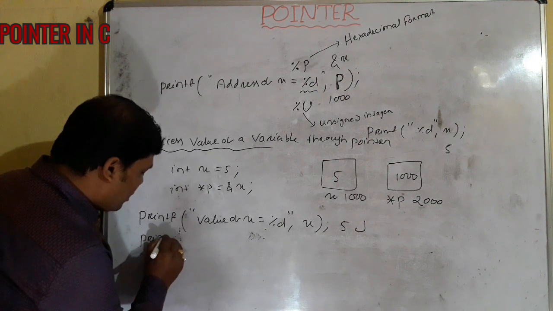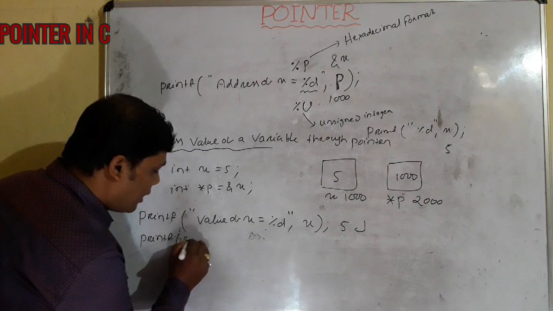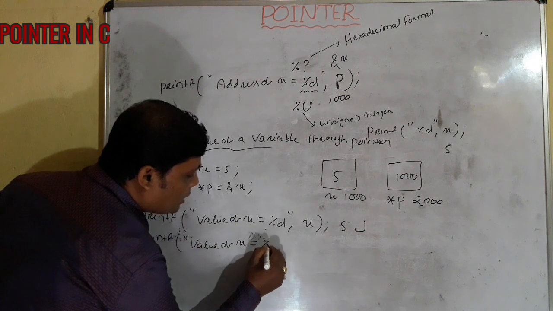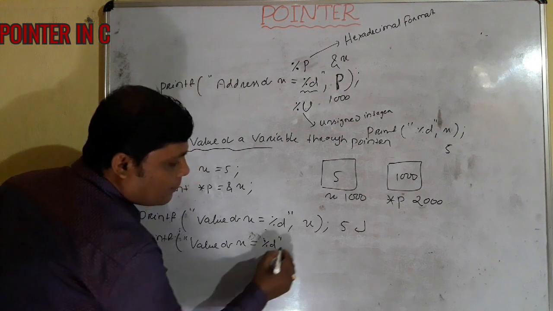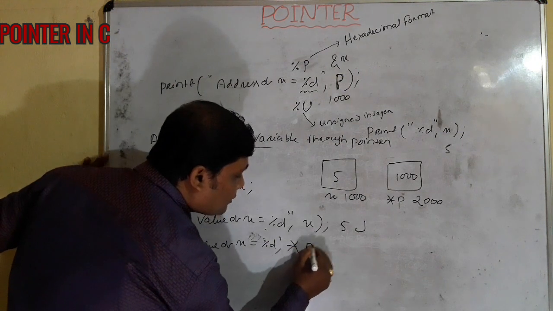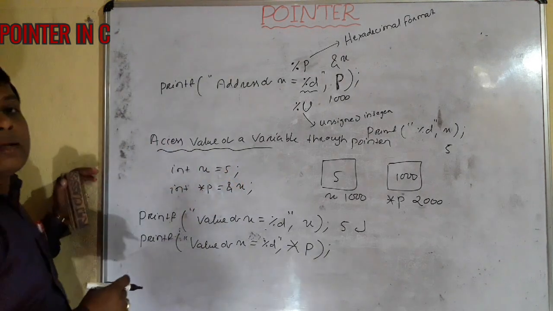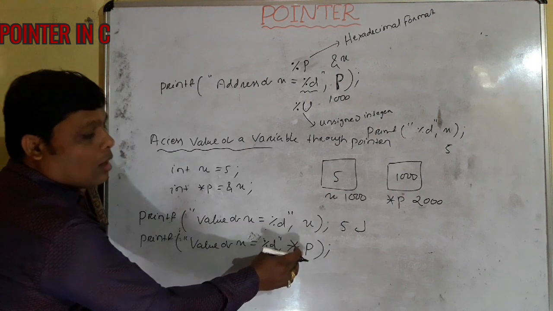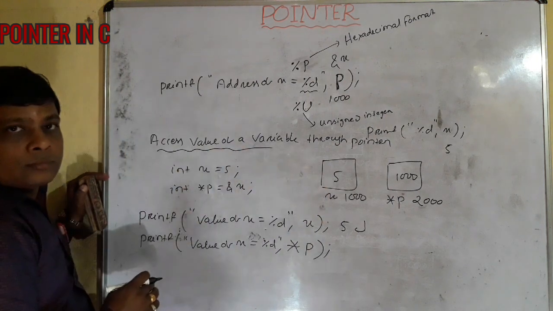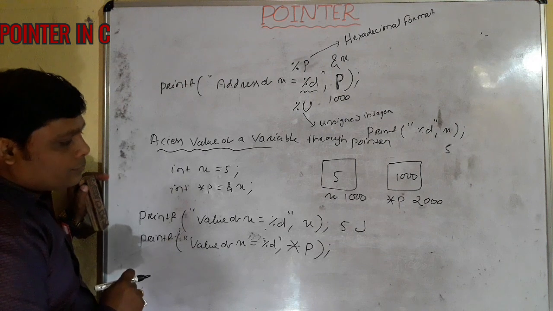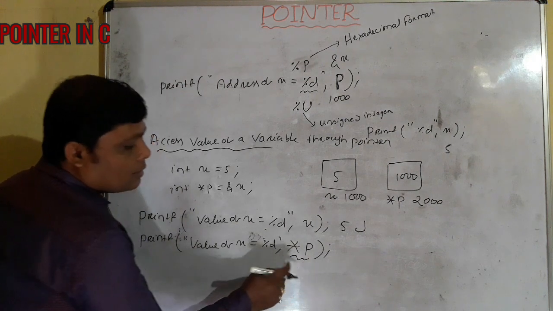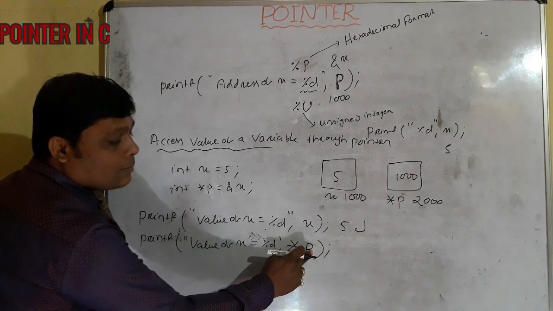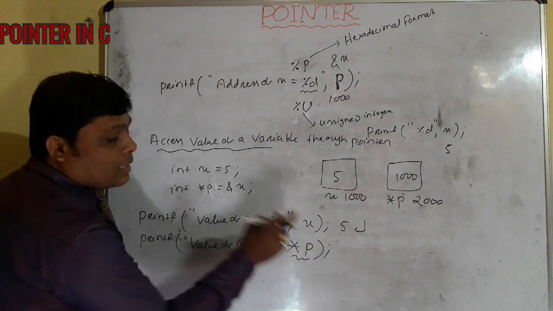Same, through pointer I can display the value of x = %d, then *p. It gives the value of x. Clear? *p means what? The value at address which holds p.